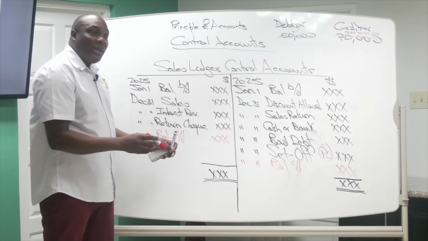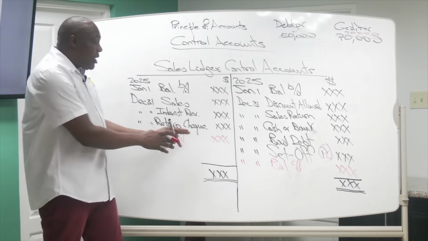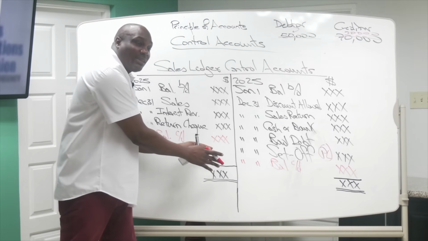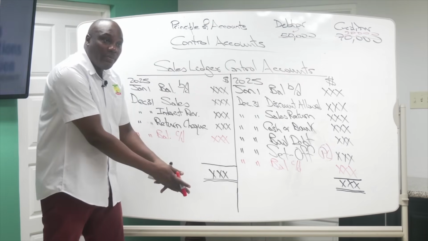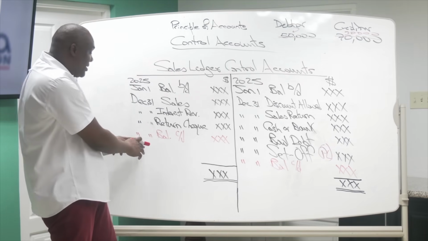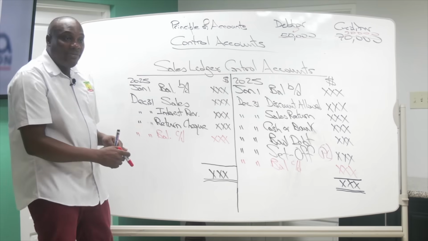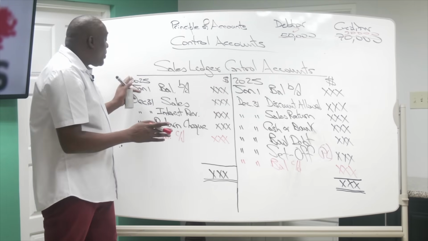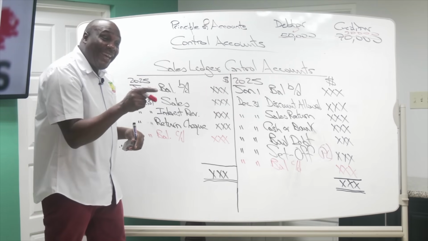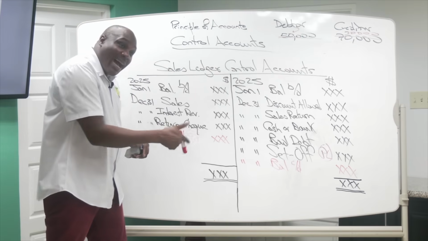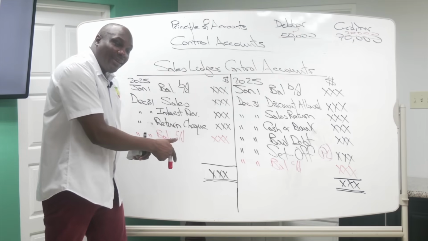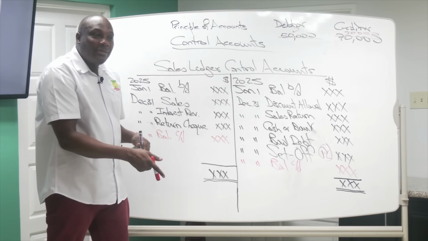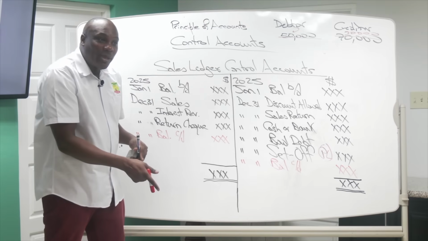Now, after you tally up, you're now going to bring down the closing balances, the CD, into the new period. If the period ends December 31st, 2025, the next day immediately after such date would have to be January 1, the new year, which is 2026.